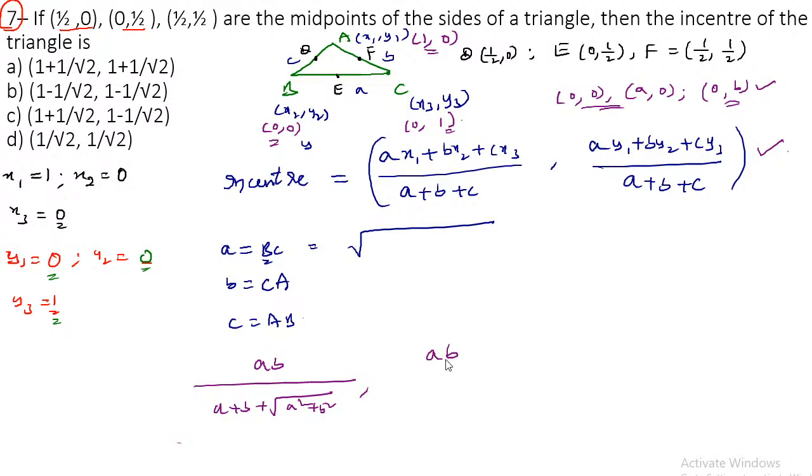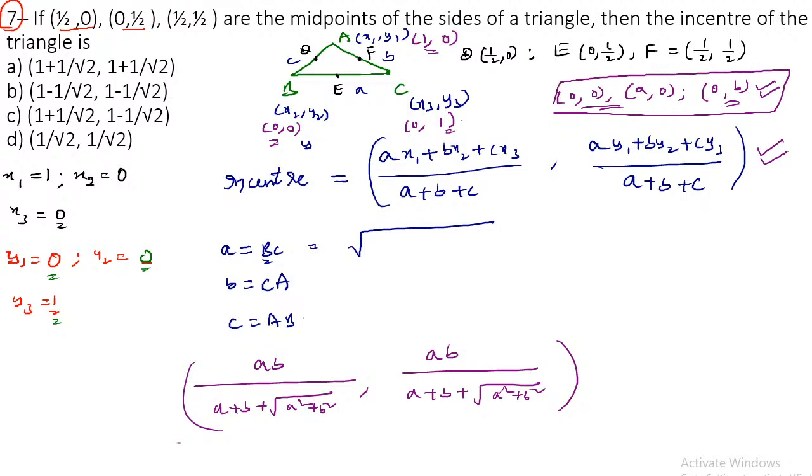We have solved one question earlier by using this formula. So we can use this formula if one of the vertices is the origin and the vertices are in this form.